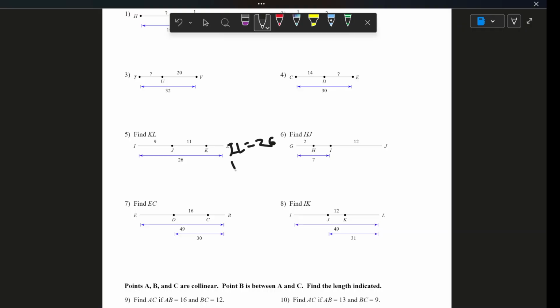We know IJ is equal to 9, and we know JK to be equal to 11. But we want, no, we want KL. Sorry about that. We want KL. Find KL.